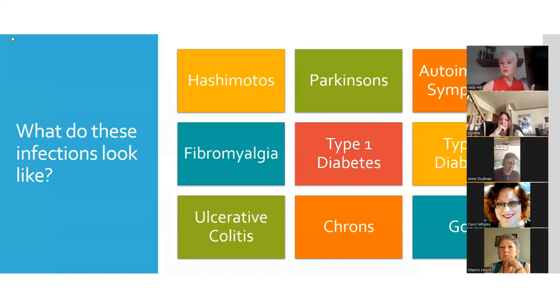And along with all of this, joint pain, muscle pain, so you've got GI problems, you could have autoimmune problems, joint pain and muscle pain, and generally some sort of fatigue, because your body is fighting an underlying infection.